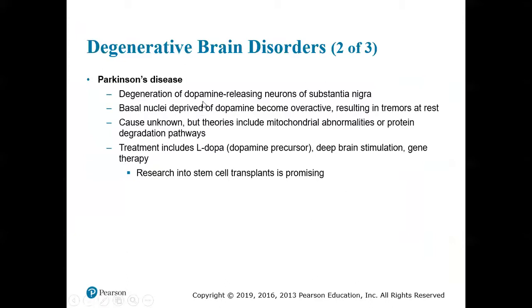Here, there is a degeneration of dopamine-releasing neurons of the substantia nigra. So there is just a lack of dopamine. If you have these dopamine-releasing neurons and they're degenerating, well, you're not going to have enough dopamine. So this is one of the results in terms of Parkinson's disease.